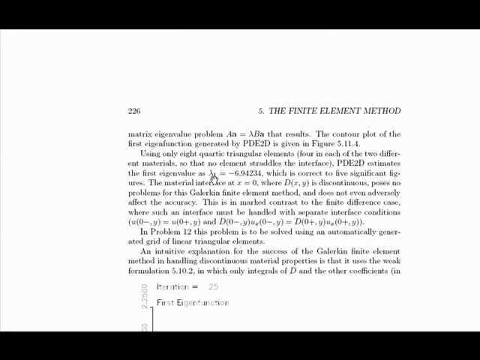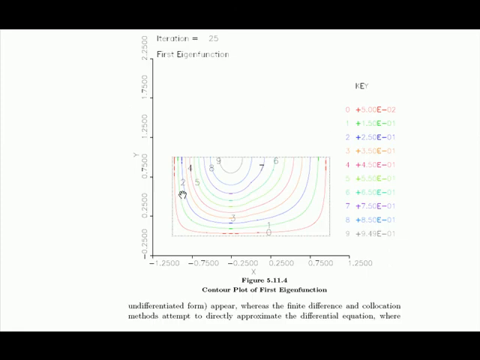In fact, the first eigenvalue is accurate to 5 significant digits. And here's the eigenfunction corresponding to the first eigenvalue. Using PD2D, you can sort of see the discontinuous derivatives in u there.